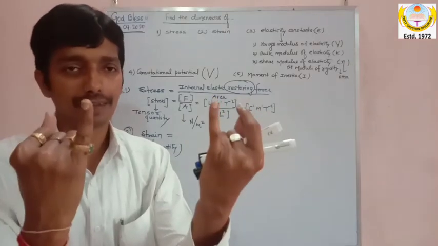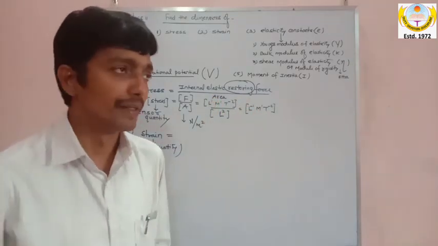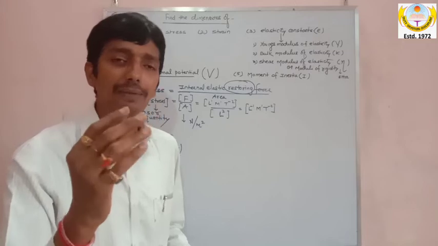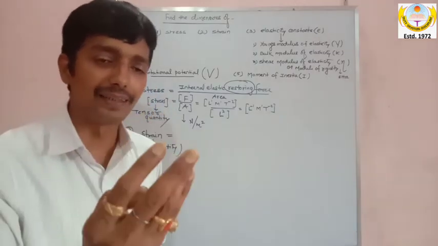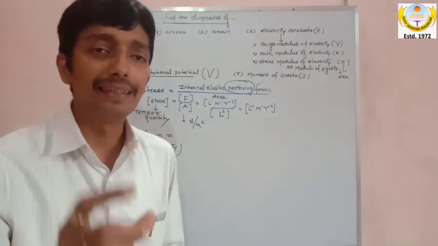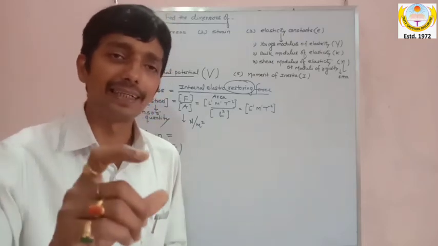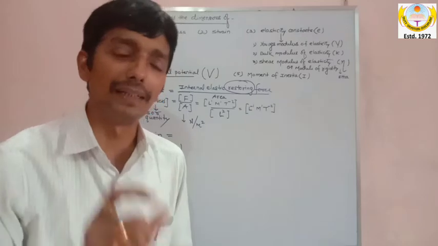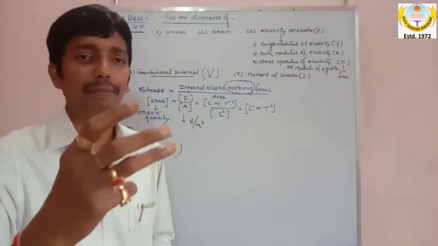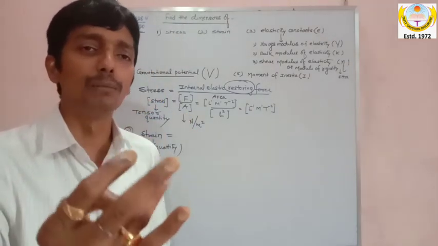Shape. Am I clear? So my dear, these three things which I talk about, length, volume and shape, these are the dimensions for an elastic body. Please take care. Elastic body में तीन dimensions हैं, length, volume and shape.